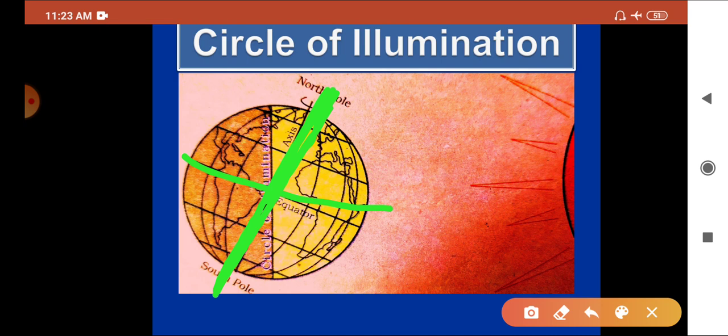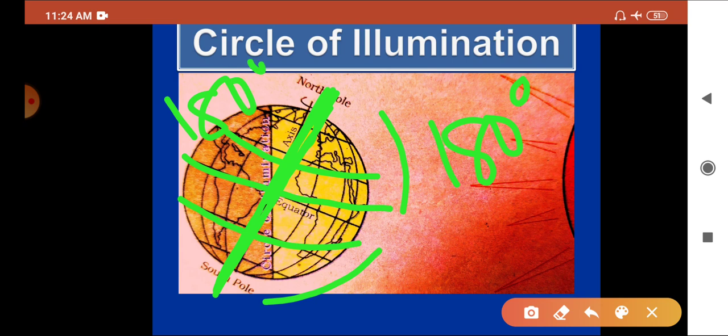Generally these latitudes are parallel to each other and do not join. We have 90 latitudes in the northern hemisphere, the upper part, and 90 in the southern hemisphere. Similarly for longitudes, there are 180 degrees of longitude in the eastern hemisphere and 180 degrees in the western hemisphere.